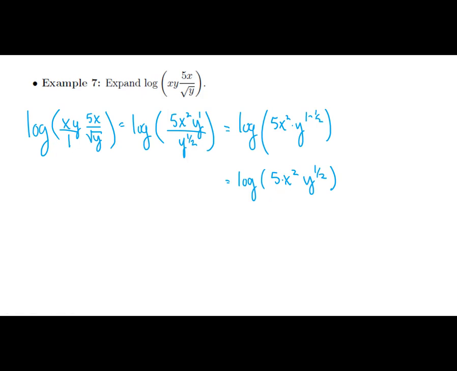But now this is just a product of three different expressions. Even though our property only says what to do about multiplying two things, I don't think it requires a big leap of logic to say that if we're multiplying three things, then we can just add those three things separately.